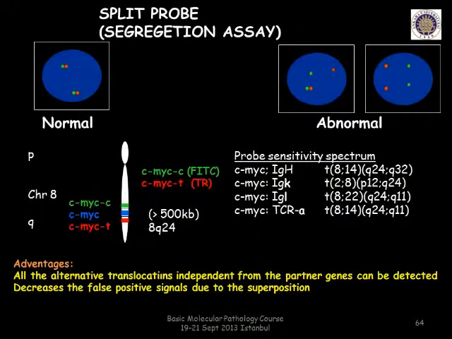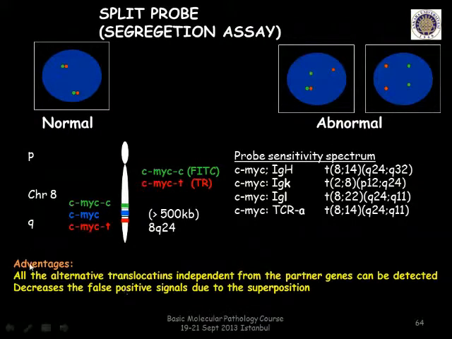Segregation assay or split probes are mostly used for translocation. Although they don't give information about which gene is translocated with which gene, if that is not important, if only the breaking of your target gene is important, this technique is much more preferred by pathologists.